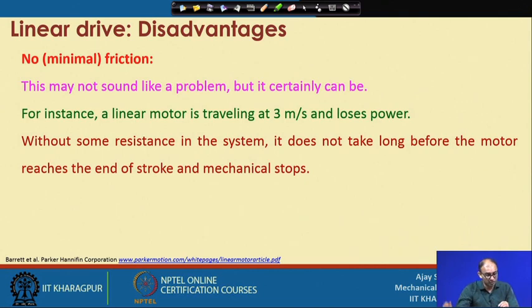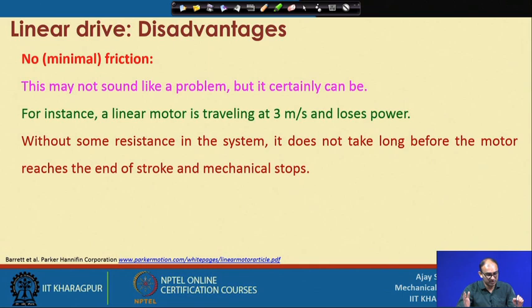That means it will not take much time to reach the end position. So, it will strike that location and there may be some mechanical damage or some other problem. This is actually our requirement, but sometimes you do not have a power backup or some other electrical connection, and in a sudden power failure, controlling this particular system is a problem.